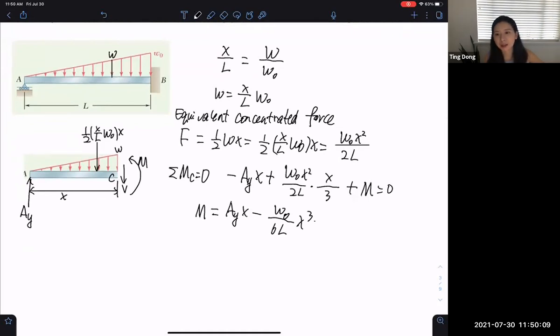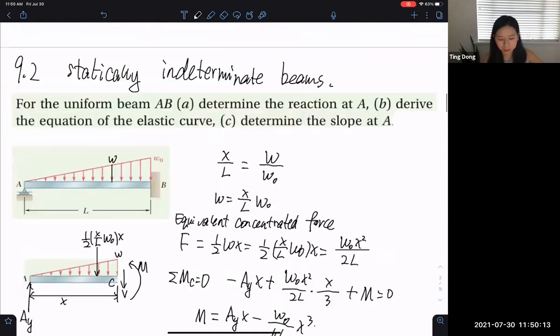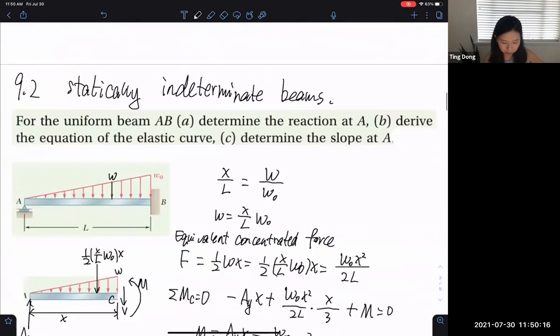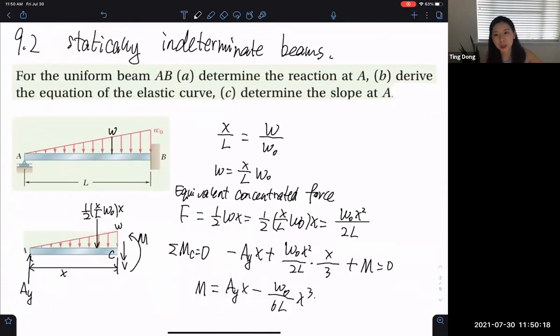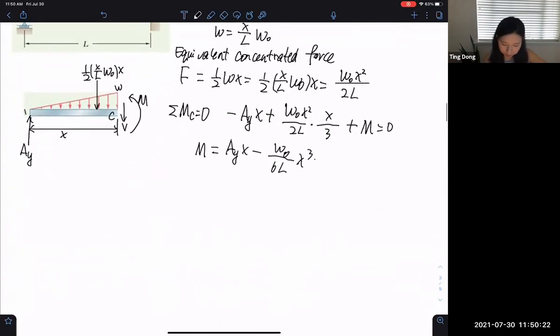This is the bending moment equation in terms of X, and of course, AY is unknown. Since this is a linearly changing distributed force, we do not need to divide it into different sections like in the previous problem. The distributed force is over the entire beam, so one equation is enough.